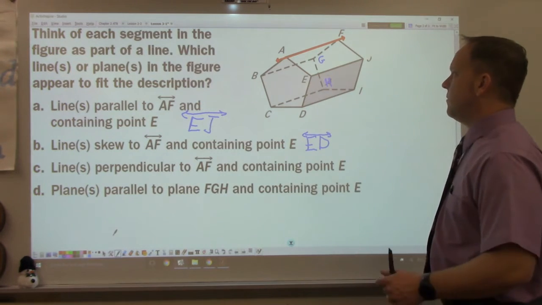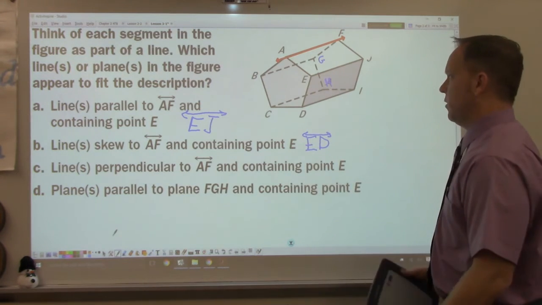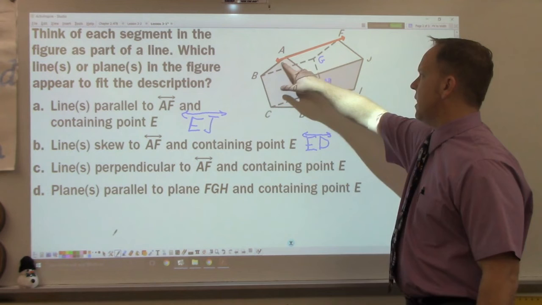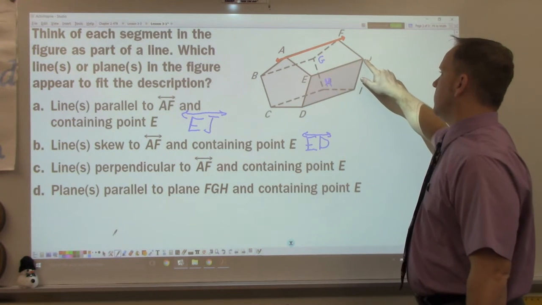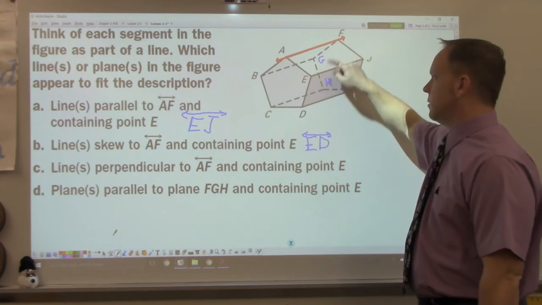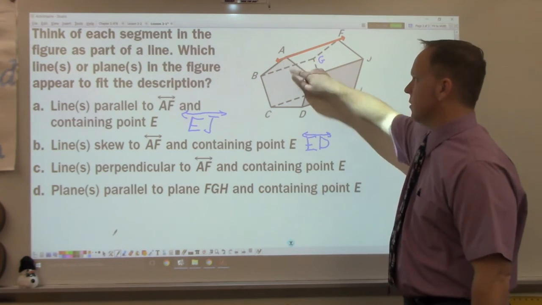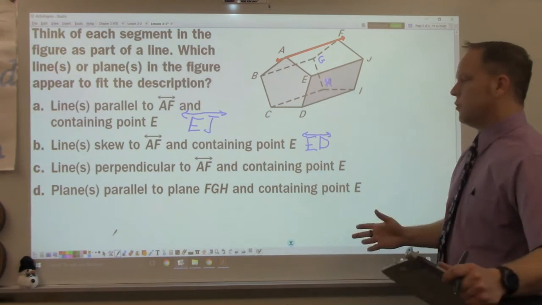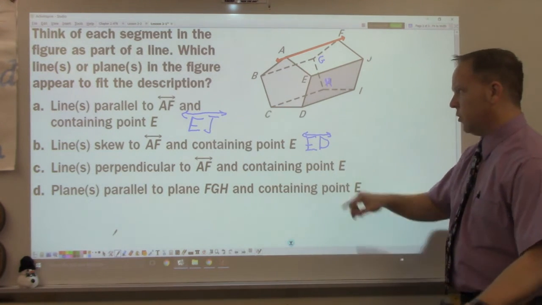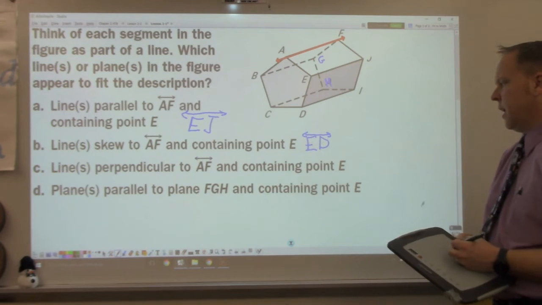Okay? There is, in fact, at least 4 that are perpendicular to AF. BA is perpendicular. GF is perpendicular, JF is perpendicular, and EA is perpendicular. Again, they're not going to draw all those little boxes. It'll get way too confusing on this diagram. So which one is perpendicular, also containing point E? That would be line EA.